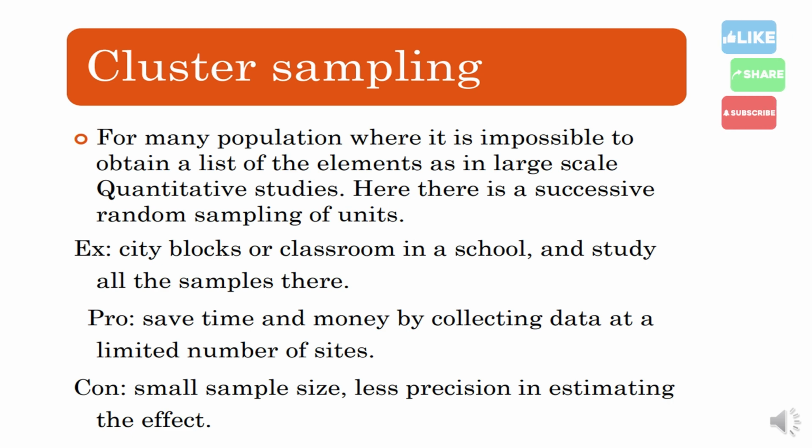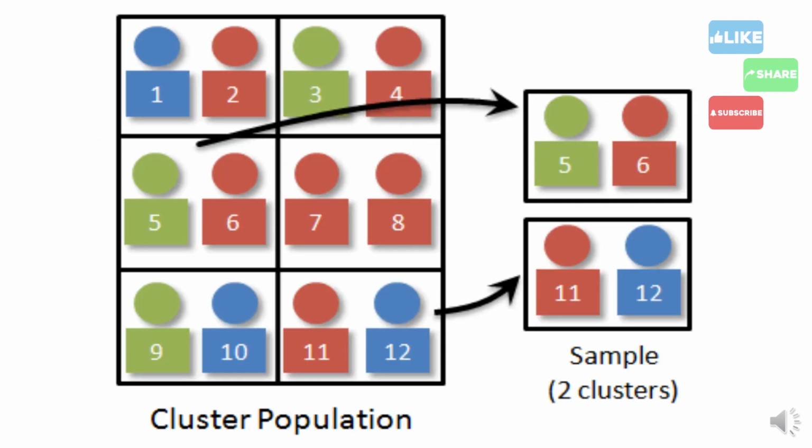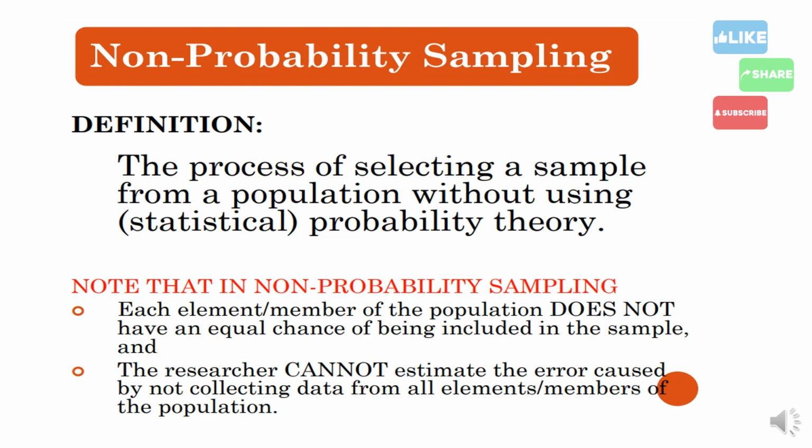The next is that we save time or money by collecting data at a limited number of sites. The next is that with a small sample size there is less precision in estimating the effects. Now we have the cluster population, and we can collect the cluster sample from the clusters.